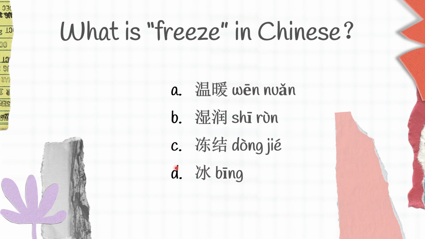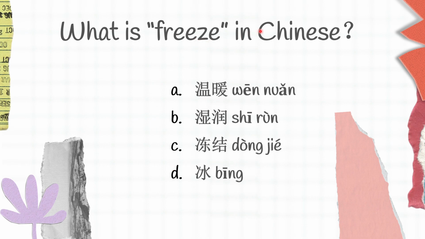So I will let you guess first. 温暖 is warm, 湿润 is humid, 冻结 is freeze, and 冰 is ice.